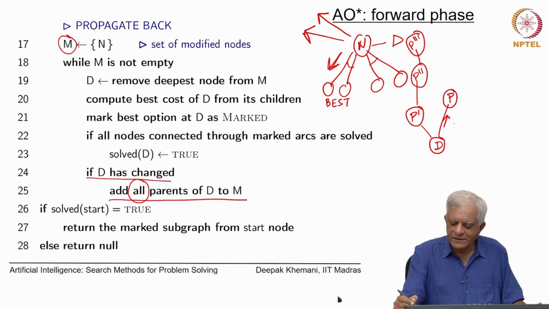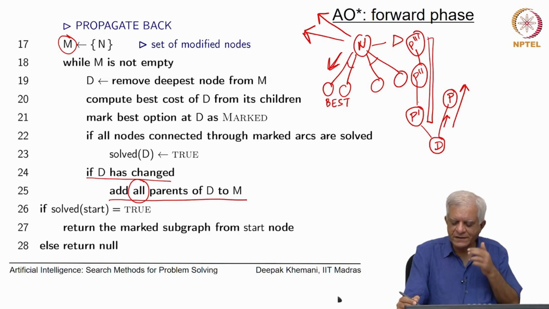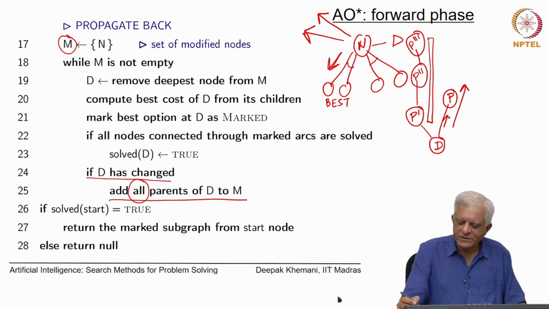So, if we were to only propagate it from the parent that we came, then these ancestors would not reflect the change in the value of D. So, D had a heuristic value to start with when it was generated, but after D was expanded and its children were generated, its value changed, and it is this change that we are trying to propagate.